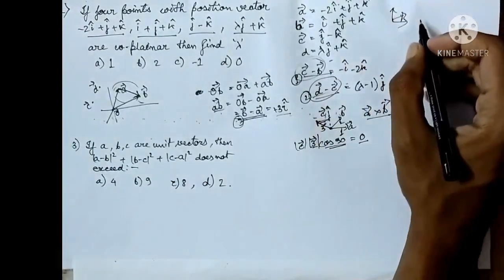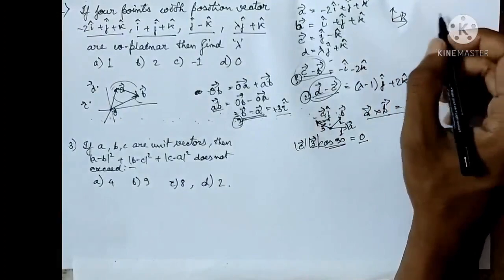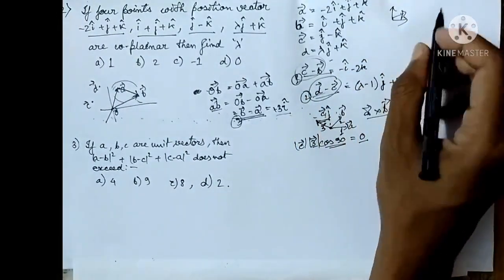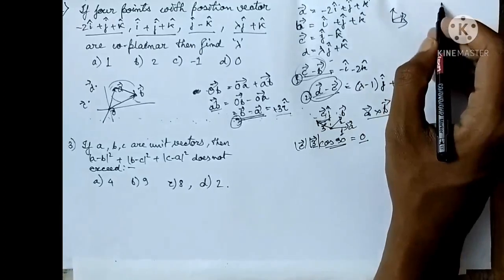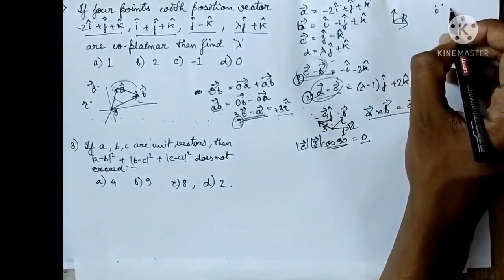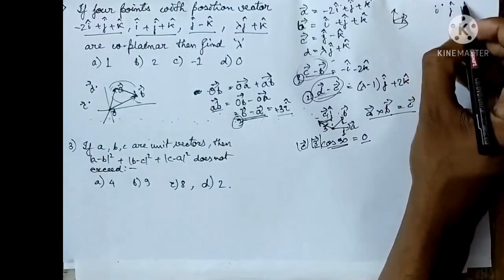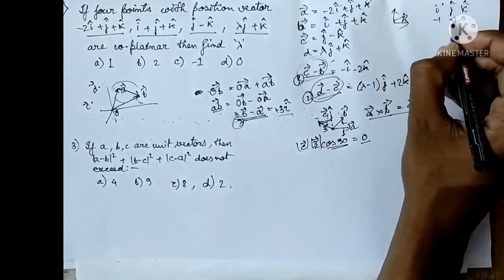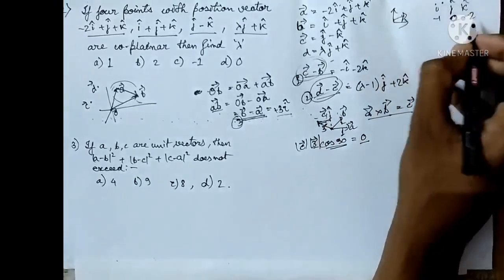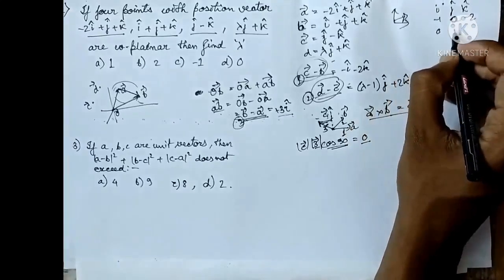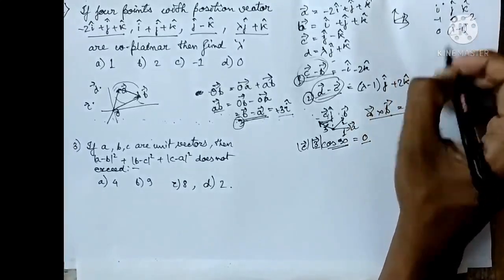So here we have this one and this one. We are doing a cross product here. So i cap, j cap, k cap, minus 1, minus 2, 0, and here minus 2, 0, and here we have lambda minus 1 and 2.